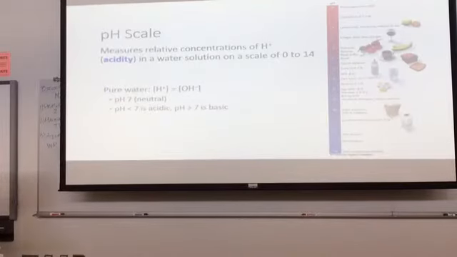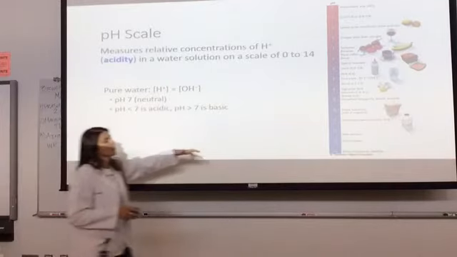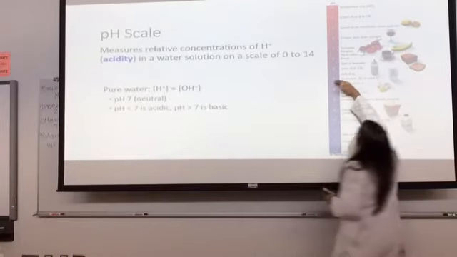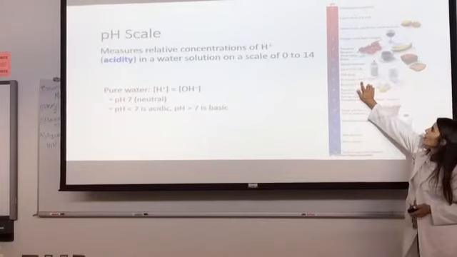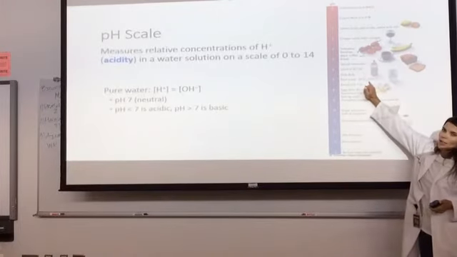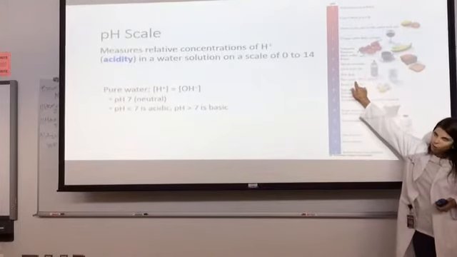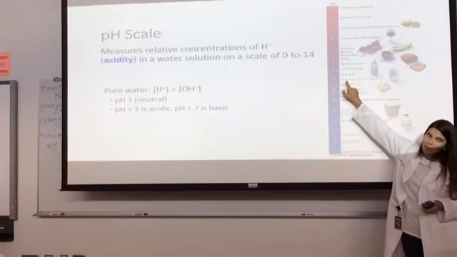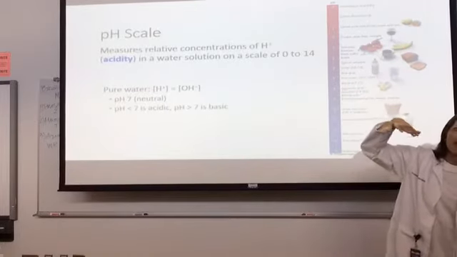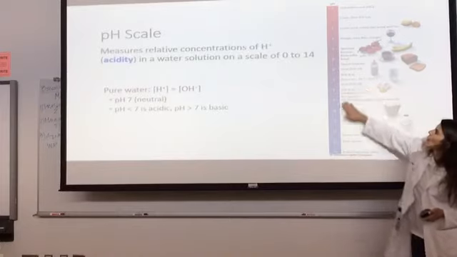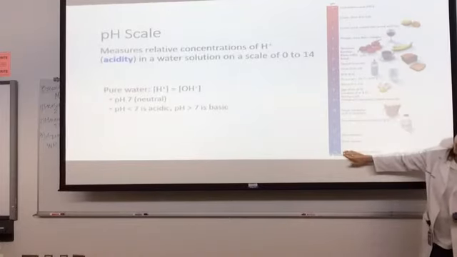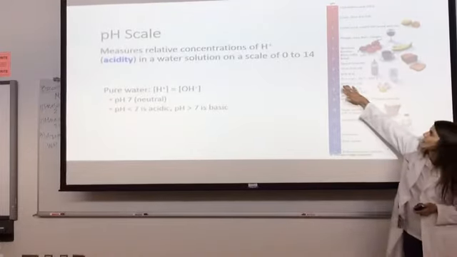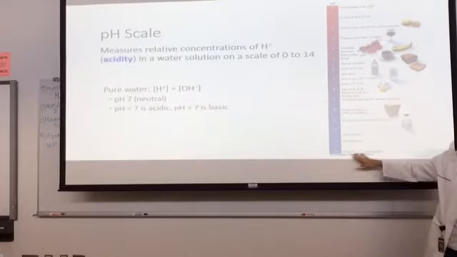So here is the pH scale straight out of your book. When the number of hydrogens equals the number of hydroxides, it is water. That pH is 7. That's neutral. If that number is higher than 7, it is considered basic. So from 7.1 to 14, it's basic.